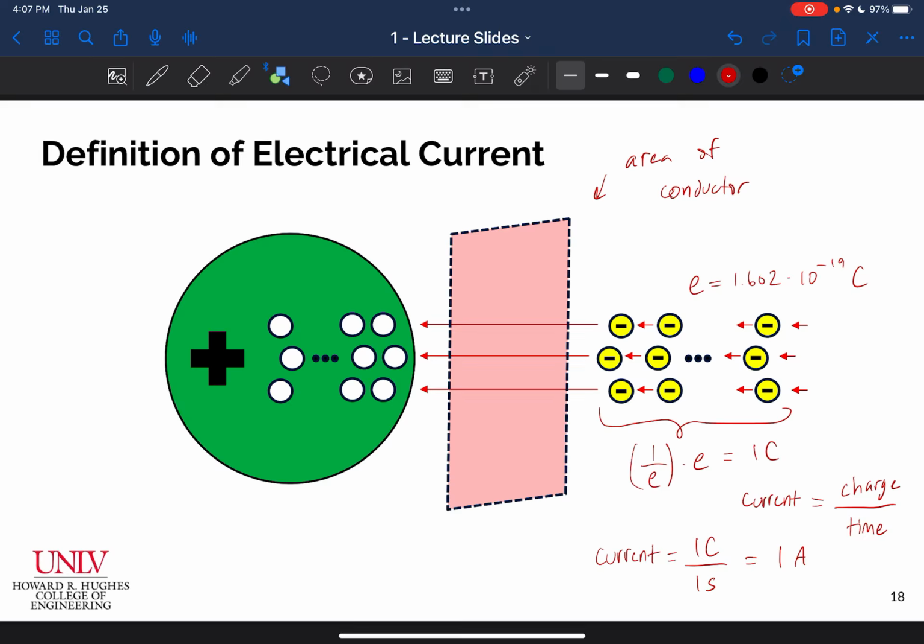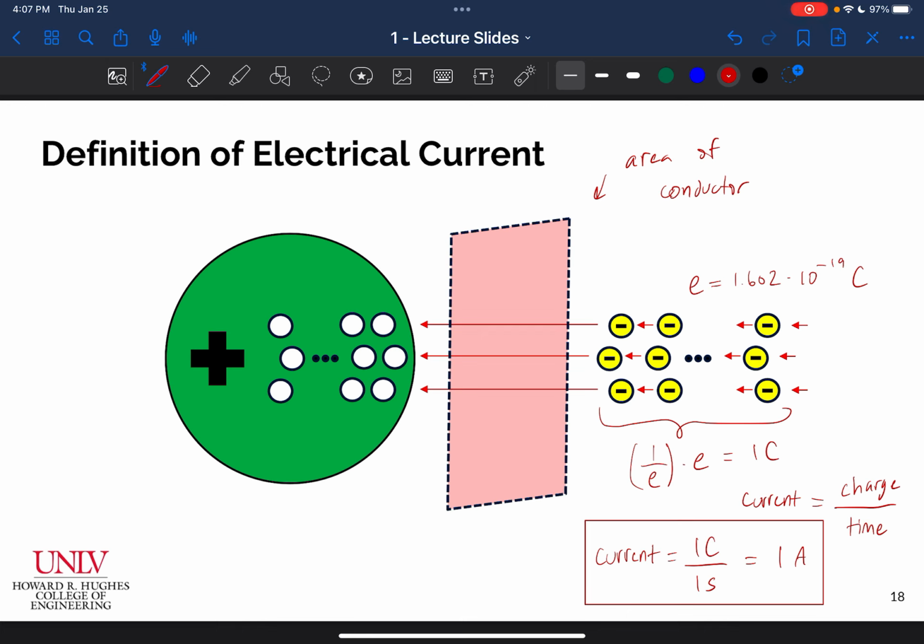And so that would be the definition of 1 amp of current. It's literally just if I want to measure how much charge has passed through some window or some cross-section of my conductor in some amount of time, typically per second, then I would take the number of charges multiplied by the charge, and I would find that the current is equal to 1 amp.